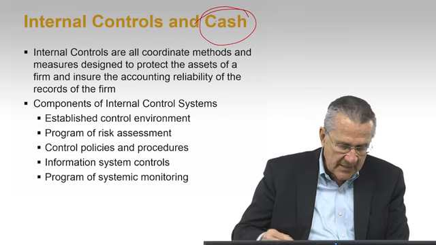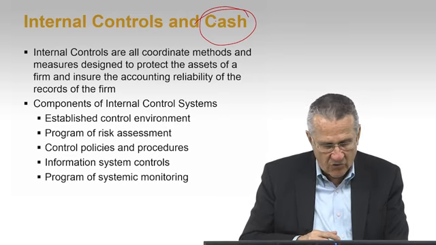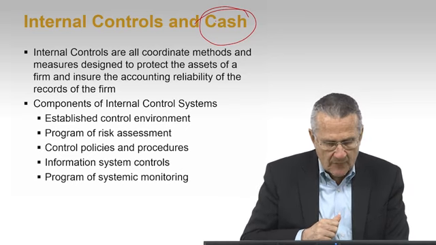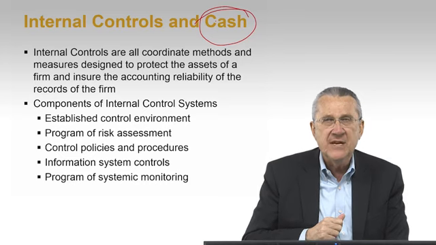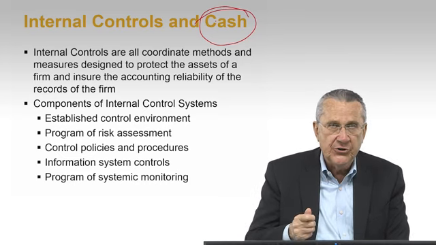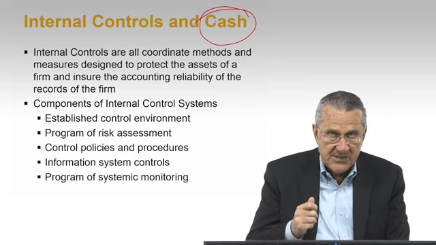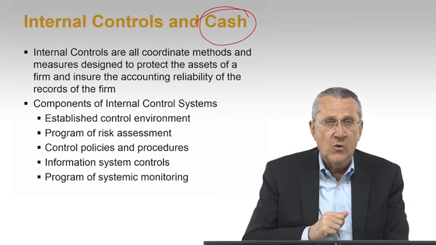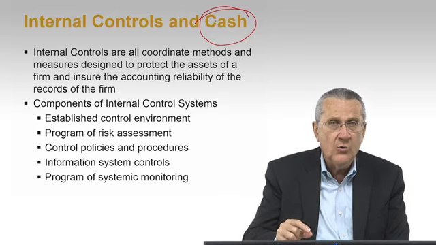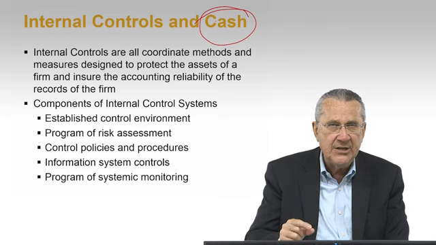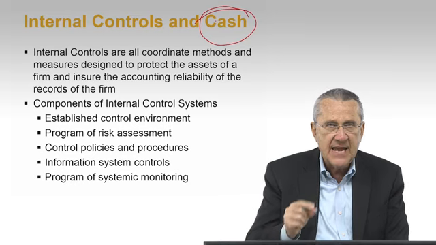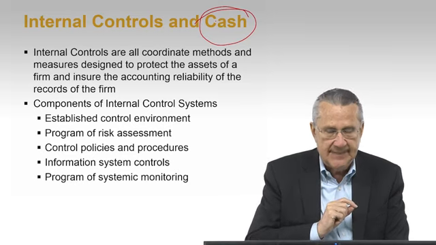Now, the components of a system of internal controls are these. You want to establish a control environment. And a control environment means we want it understood that we are very serious about protecting our assets. We want to establish a tone at the top. We want to see management seriously interested in protecting those assets.